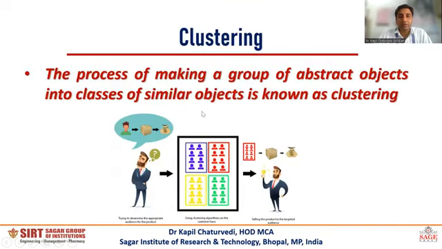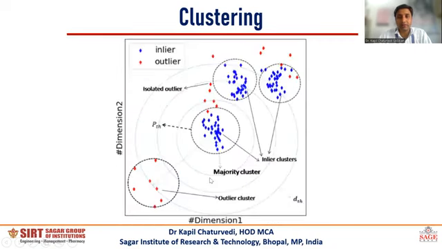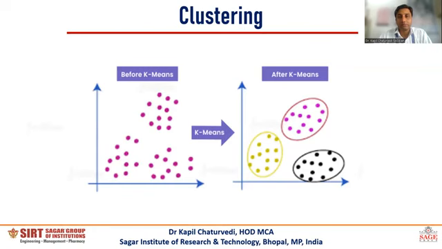Now clustering is the process of creating groups, as we are showing in this diagram. We can easily understand by that diagram. Here we can see some clusters, and some of the data are outside of the clusters. The data which are outside of the cluster are known as outliers. We use some algorithms to apply clustering, like k-means, k-medoids, and some more.